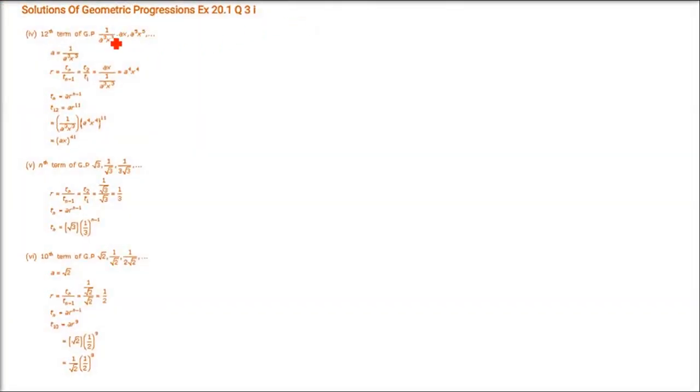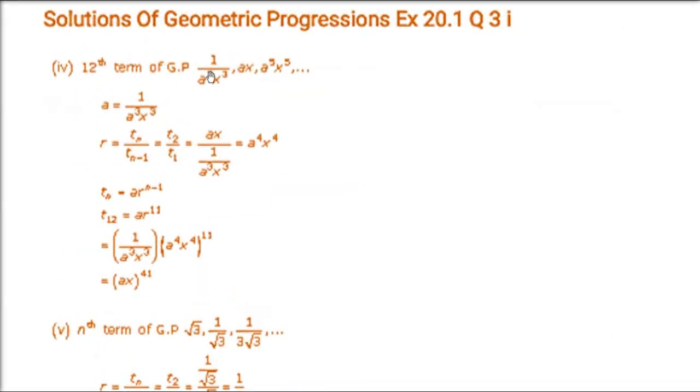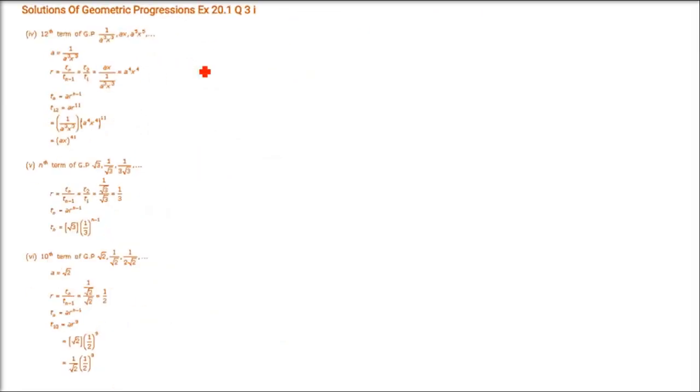Next one is, we have to find out the 12th term of the GP, and the sequence is 1 by a cube x cube, then ax, then a to the power 5 x to the power 5. So n is given as 12.